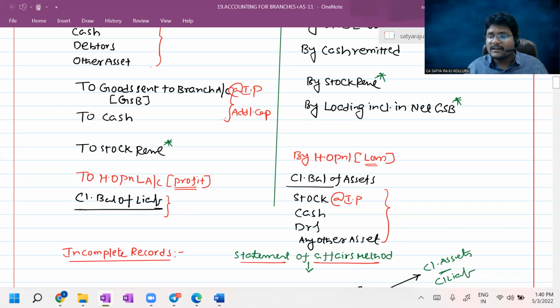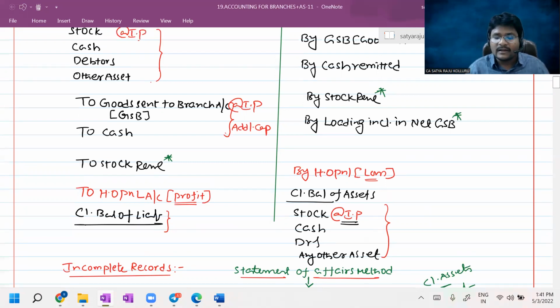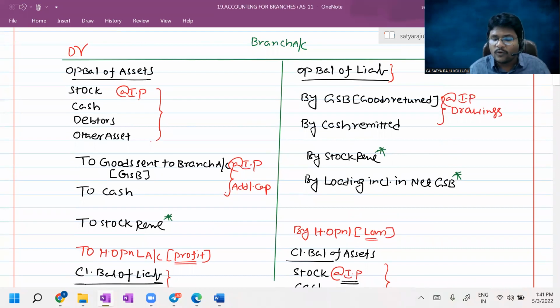But if the goods are sent by head office to the branch at invoice price, apart from all these 6 steps, you need to add one additional step: on closing stock, you need to eliminate the unrealized profit lying in closing stock as a stock reserve, because at that point stock is showing at the rate of invoice price. In the same way, opening stock is also showing at invoice price. You need to reduce that unrealized profit, which is the closing stock of the last year and the opening stock for the current year.